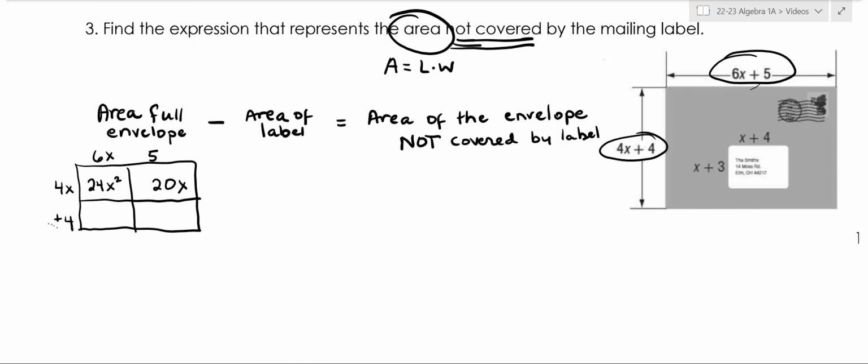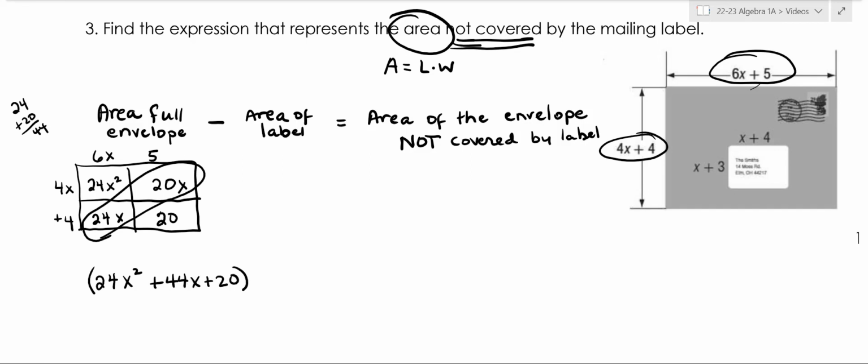The 4 times the 6x is going to be 24x. And the 4 times the 5 is going to be 20. The like terms are those two. 24 plus 20 is 44. So this one becomes 24x squared plus 44x plus 20. That is the area of the full envelope.